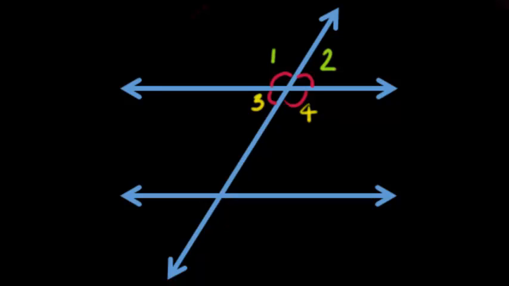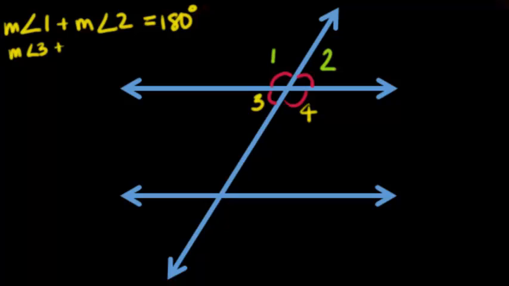Well then, let's do a little bit of math. We know that the measure of angle 1 plus the measure of angle 2 is going to equal 180 degrees. And we also know that the measure of angle 3 plus the measure of angle 4 is going to equal 180 degrees.